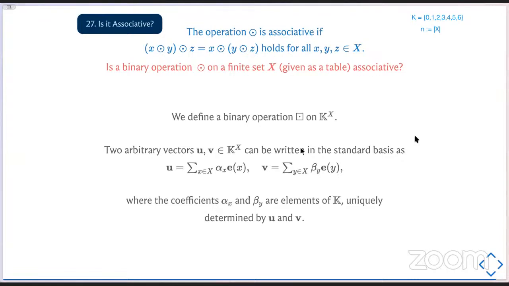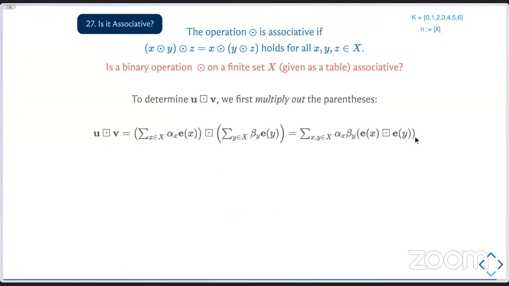And now to define the binary operation on U and V, we basically multiply out the sums. When you multiply them out, you're going to pick one summand from the first sum and one from the second.